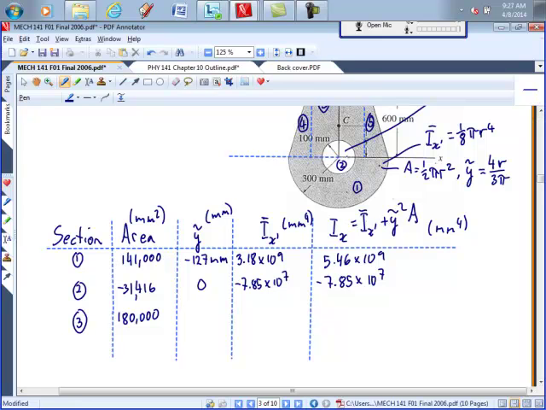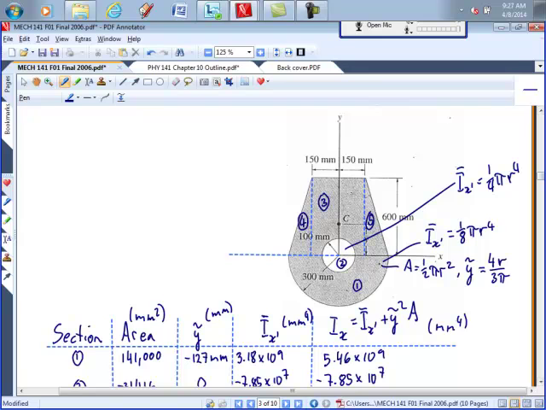It starts at y equals 0, so it's going to be 300. And then its moment of inertia is going to be 1/12 b h cubed, which is 5.46 times 10 to the 9? Oh, 5.40 times 10 to the 9, sorry.